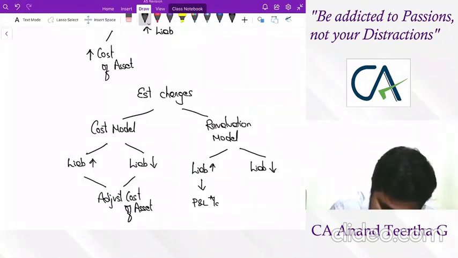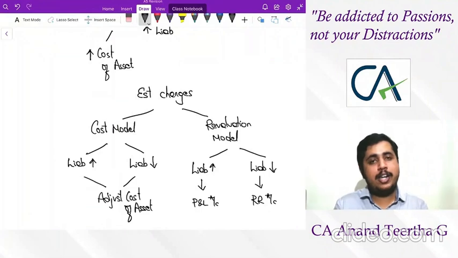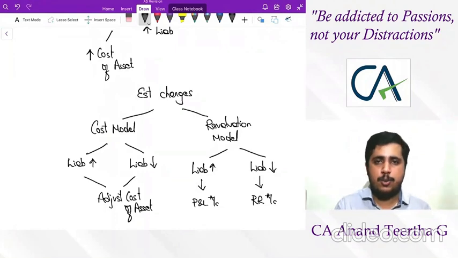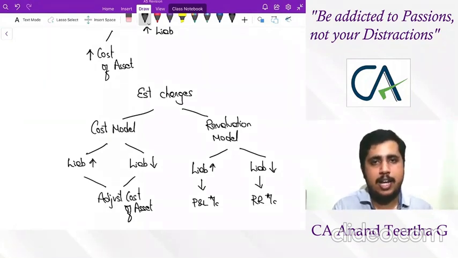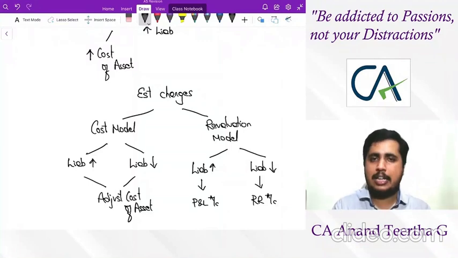If liability is decreasing, it's a profit to them. Transfer this to RR account. So that's how, if at all revaluation model is done, it is done in this particular manner. If any changes is made towards that decommissioning element, suitable changes is done to these accounts. So this is how you have to consider the estimation changes that may happen for your asset.